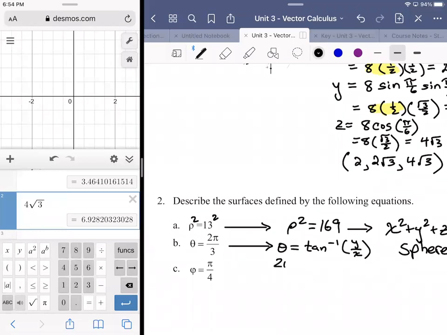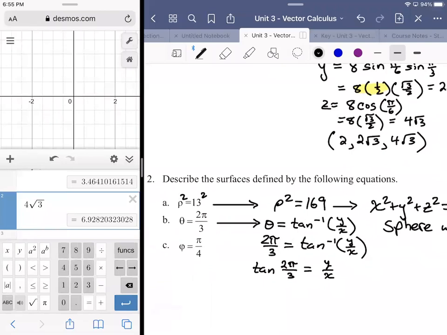So since theta is equal to 2 pi over 3, perhaps equal again the inverse tangent of y over x, take the tangent of both sides, we're looking at y over x is equal to the tangent of 2 pi over 3, which is going to be negative radical 3, which is going to be y over x equals negative radical 3.